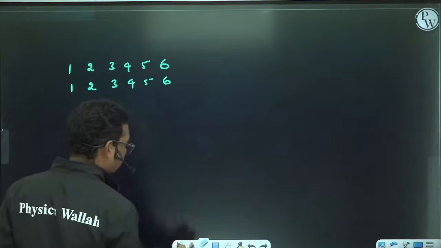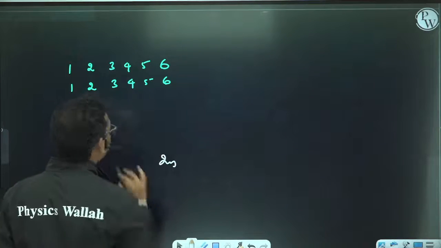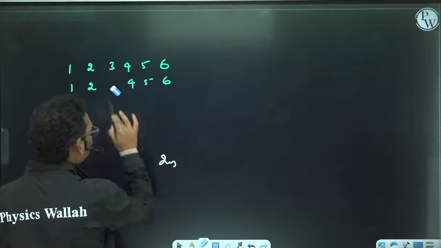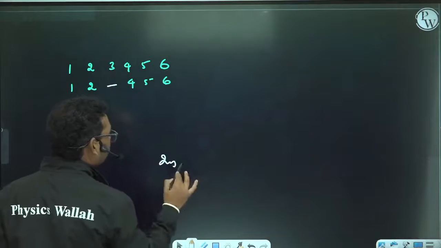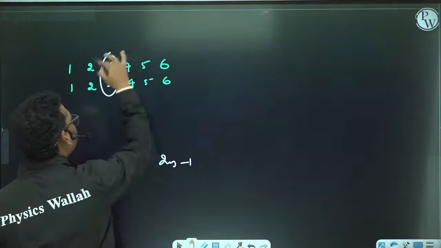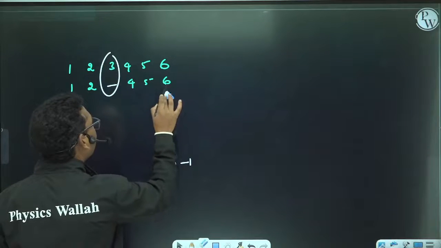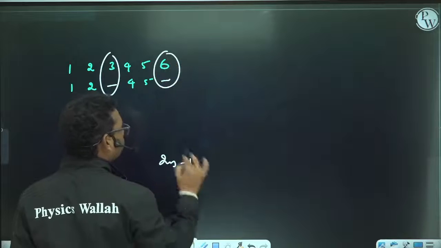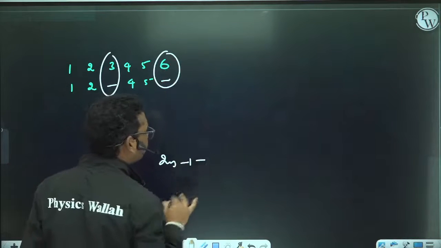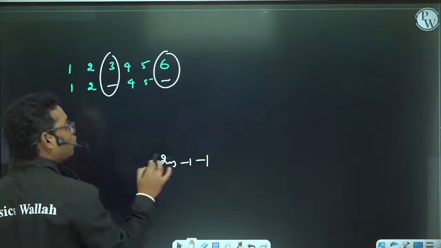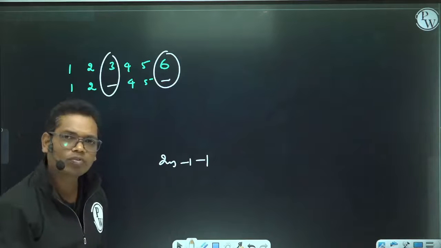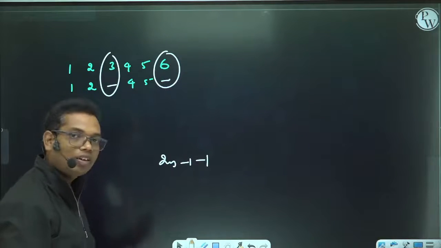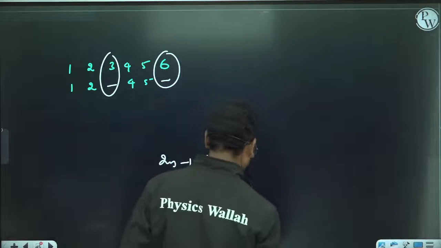Now if this is 2n, and I remove one copy of chromosome 3, I will write this as 2n minus 1. This is monosomy. Now if I remove one copy of chromosome number 6, this is also 2n minus 1. So this is monosomy, this is monosomy. This is double monosomy. Clear?